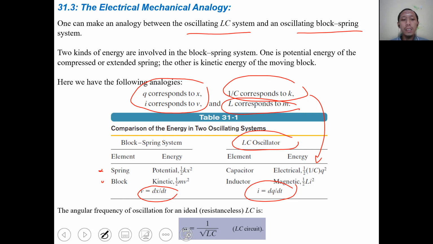So the angular frequency of oscillation of the ideal resistanceless LC circuit can be calculated to describe the sinusoidal energy transfer from inductor to capacitor using this equation: omega is equal to 1 over the square root of LC.